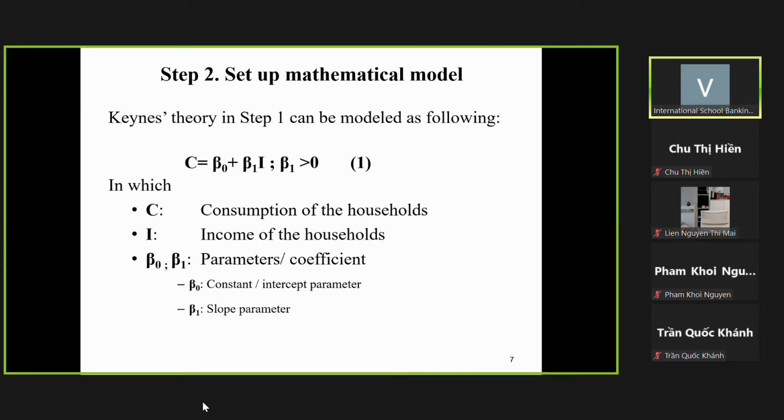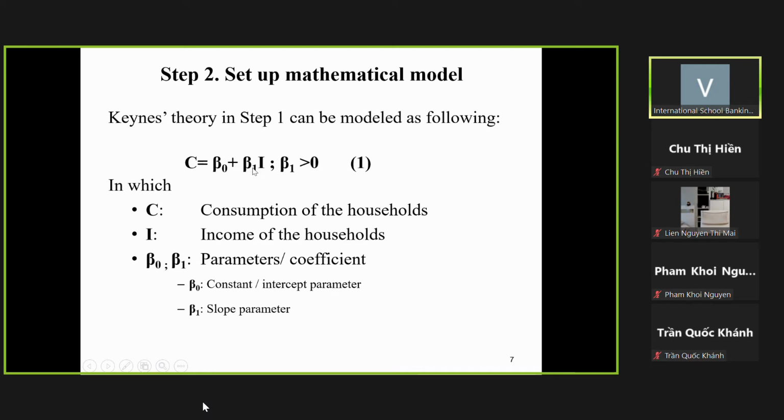So we want to test the hypothesis about the relationship between income and consumption, right? And so we can set up a function like this. And this function, this mathematics model, reflects an exact relationship between consumption and income.